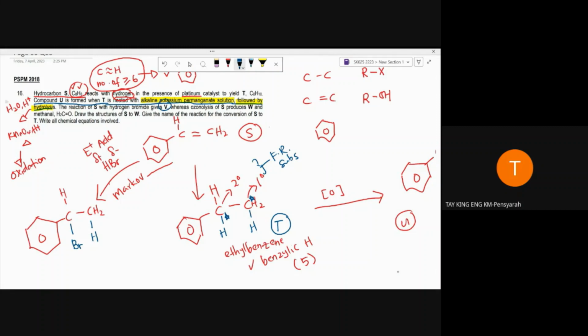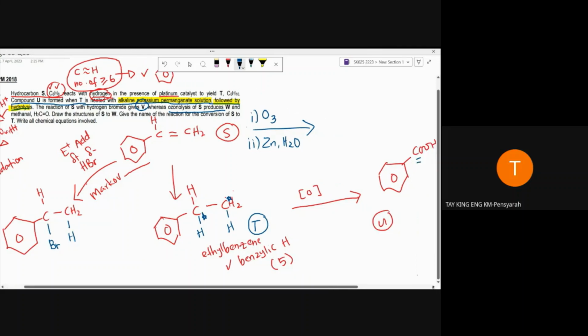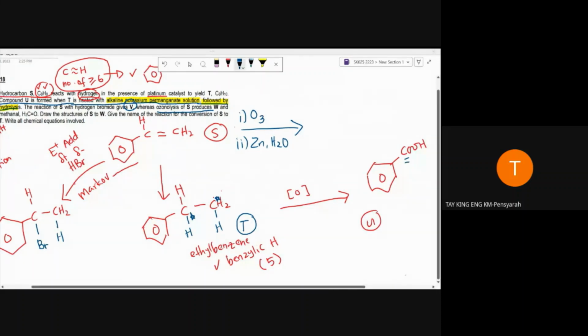Lepas tu S ini pula kena undergo ozonolysis. Okay. S ini undergo ozonolysis. So if we want to write the reaction untuk ozonolysis, kita kena guna 1 O3, 2 zinc water. Also can consider as hydrolysis. So untuk this one kita akan break the double bond.